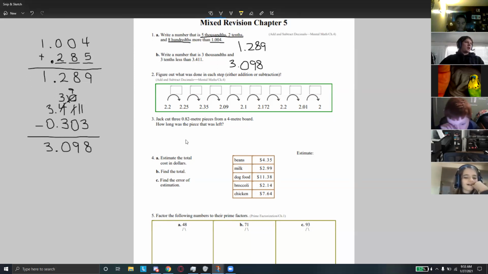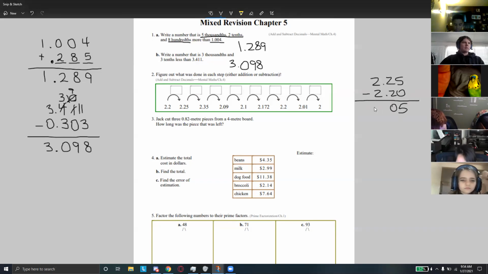Okay, so figure out what was done each step, either addition or subtraction. So this looks like it's different every time. But 2 and 2 tenths going to 2 and 25 hundredths. Well, if we want to figure out what the difference between those are, I could do 2 and 25 hundredths minus 2 and 2 tenths to get 5 hundredths.